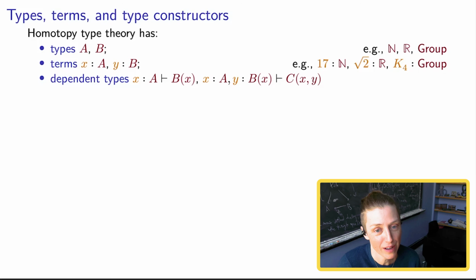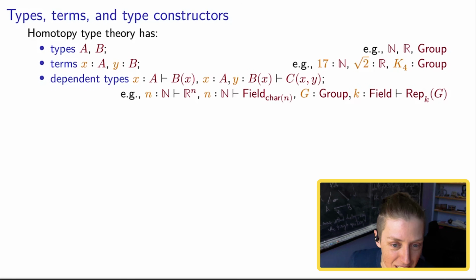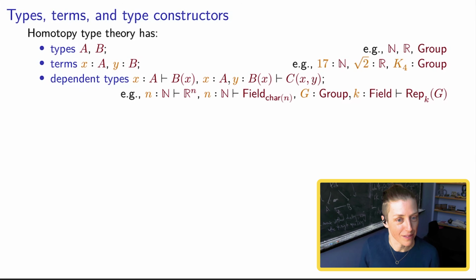Here, B is a family of types depending on a term x of type A, or C is a family of types depending on a term x of type A and also a term y of type B, and this B might now depend on A. So that's dependent types. For example, we have R^n, Euclidean space, for any n a natural number. That's a natural example of a dependent type.